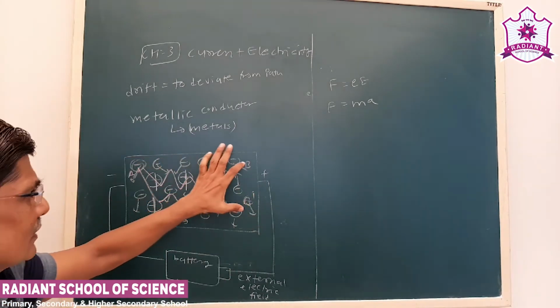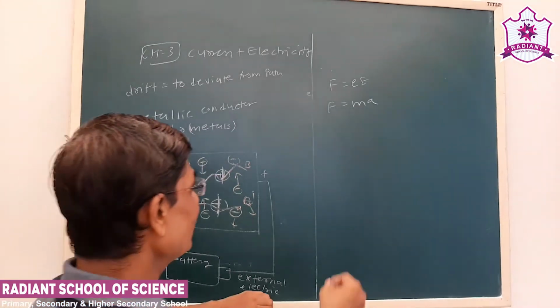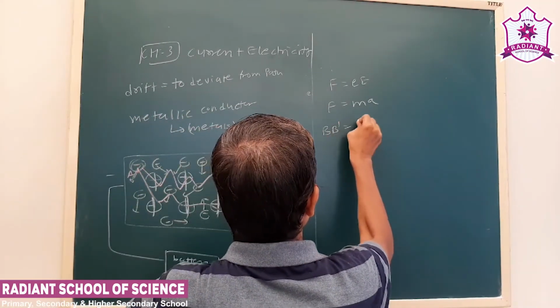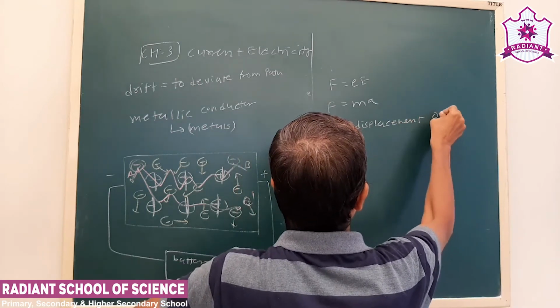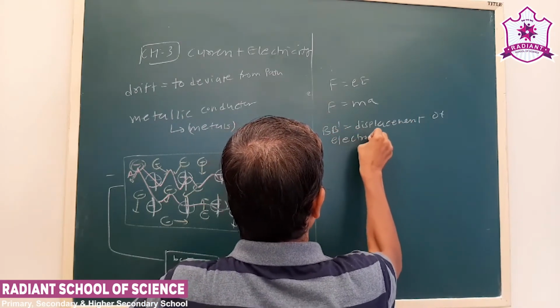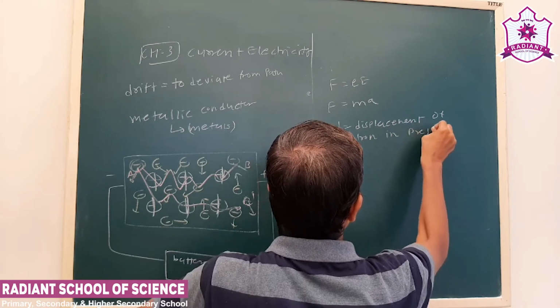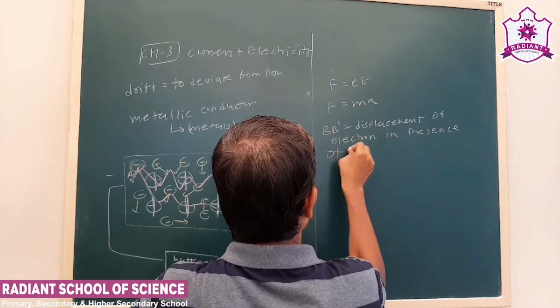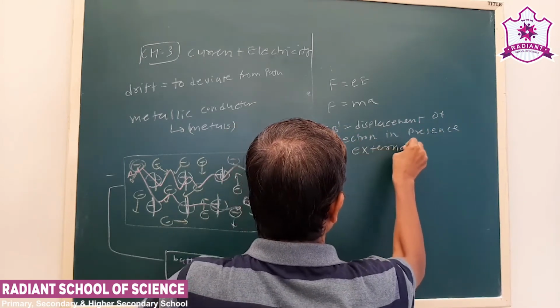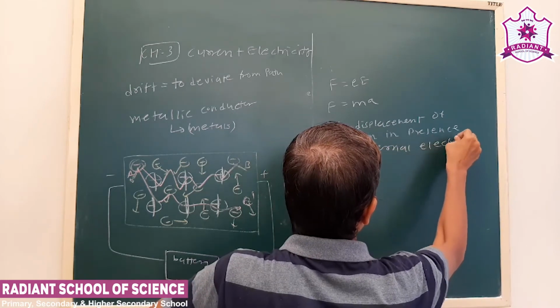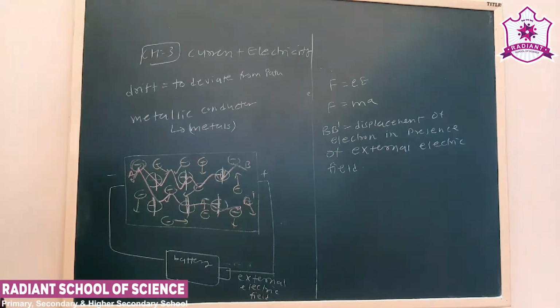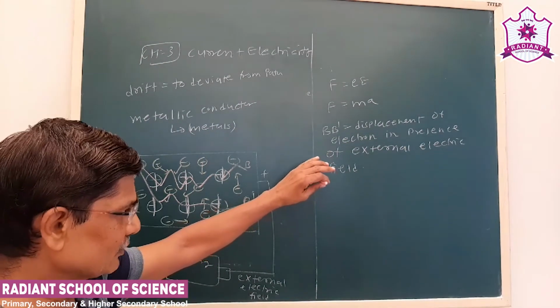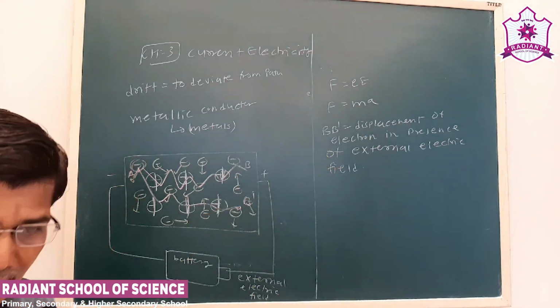We know there is some displacement. Okay, this BB dash here is the displacement of the electron in the presence of an external electric field. And we know displacement upon time is velocity.